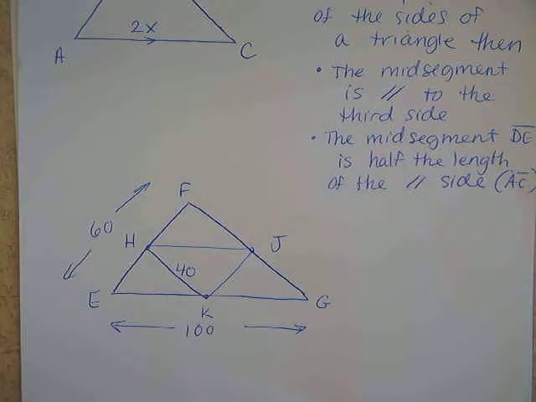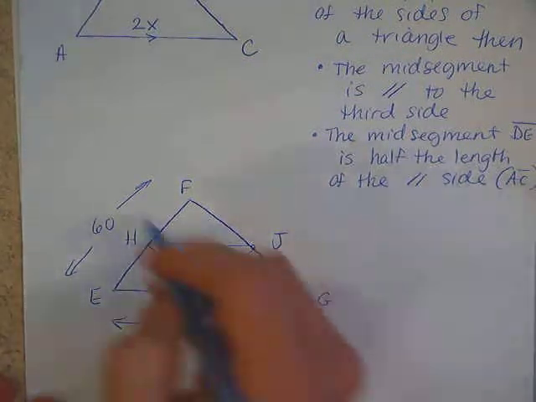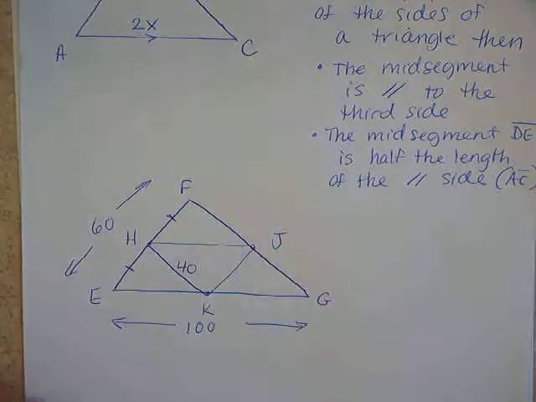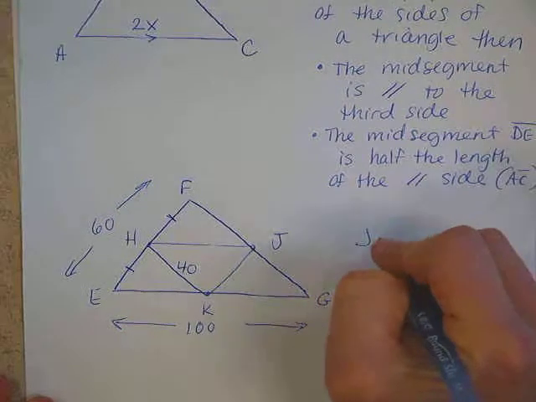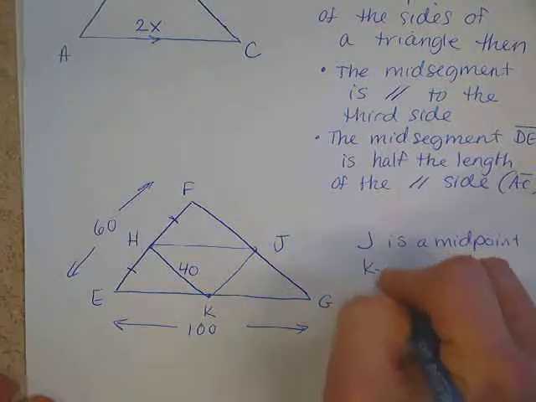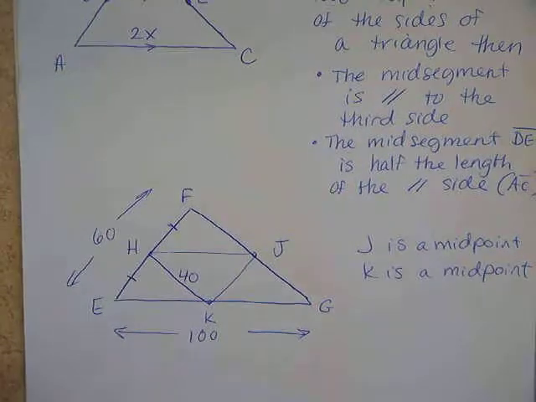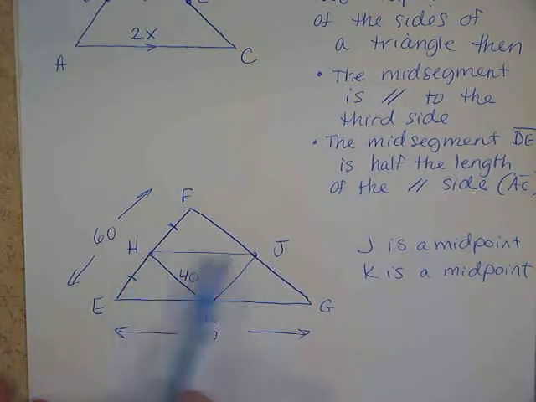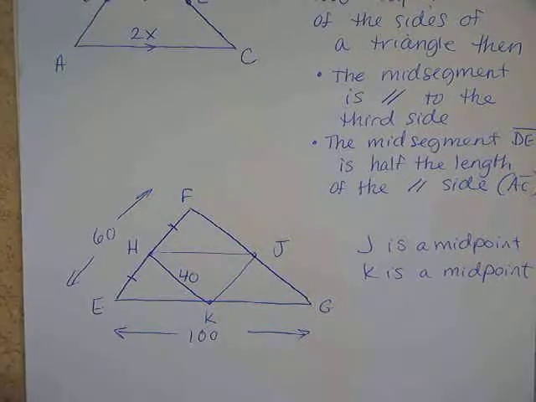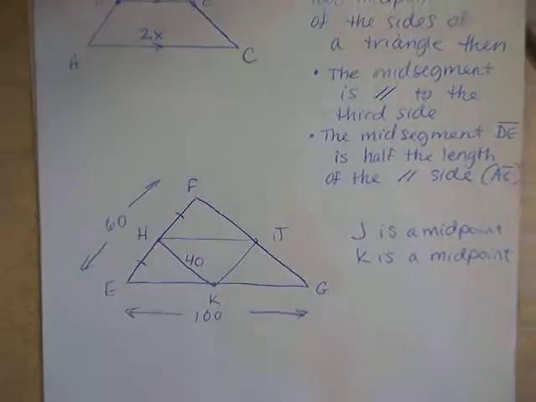Now, the one thing you want to look for, we don't just assume because we see a point that is somewhere in between the other two and it looks halfway, we don't assume it is a midpoint. You either have to be told that these are midpoints or you need to see congruence marks. So we'll do a little bit of both. We're going to put the congruence marks in there. But then I'm also going to write down J is a midpoint and K is a midpoint. So one way or another, you need to know before you get started that each of these are midpoints.